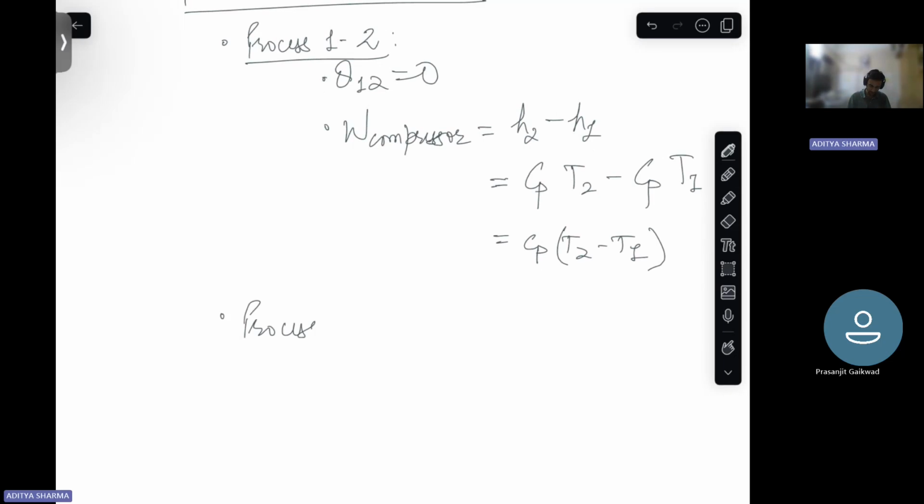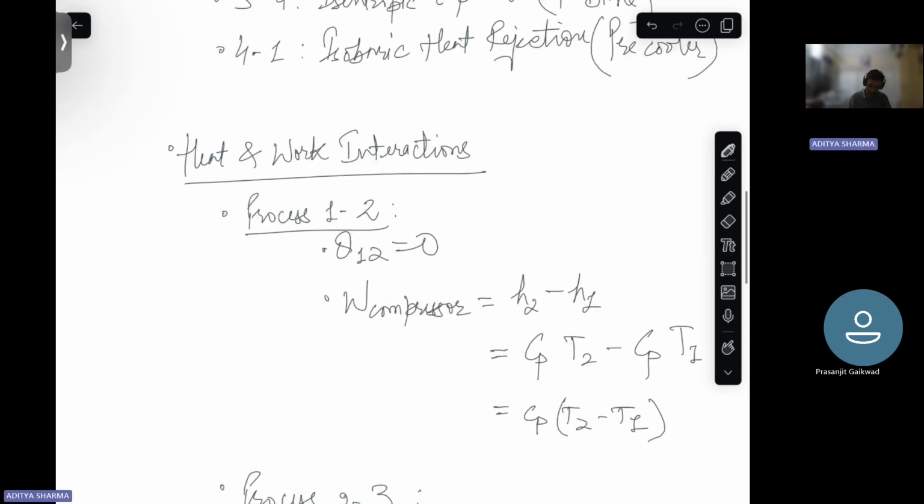Then is your combustion chamber. Okay, this is your compressor.